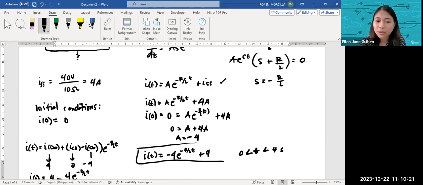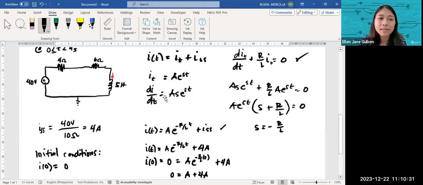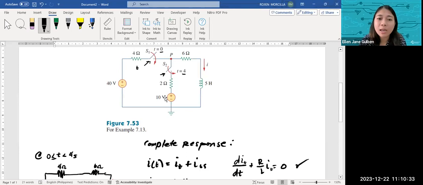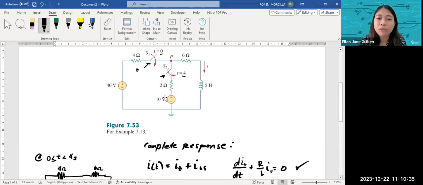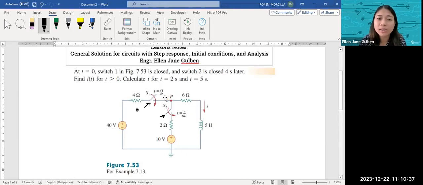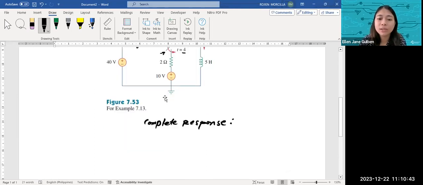So this is our general equation for 0 to 4 seconds. So we put it in a time frame. Next, our next time frame will be at 4 seconds onwards.